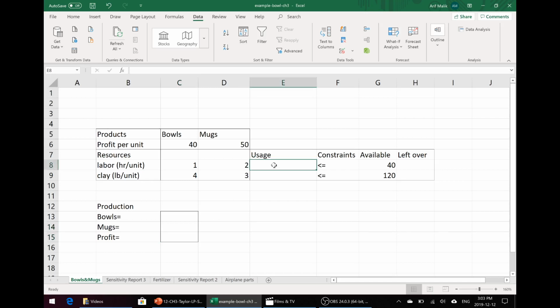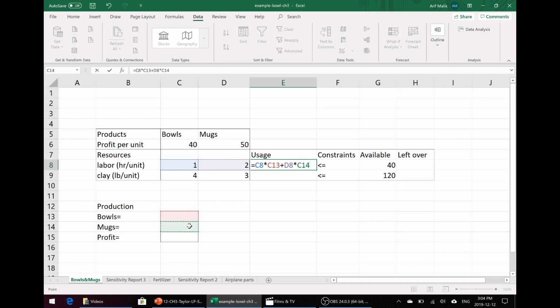Now here we will give the formulas. This is our x1 and this is our x2, the number of bowls and number of mugs. 1x1 plus 2x2 should be over here, so we put equal to this multiplied by the number of bowls, plus the 2 hours multiplied by the number of mugs.